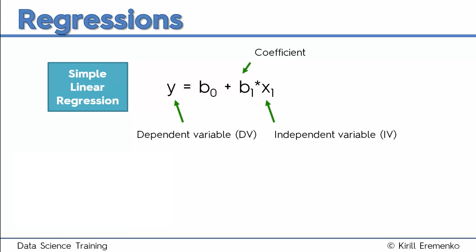Think of it as the translator or the multiplier, the connector between y and x1. You can't just say the change in x is always equal to the change in y. There might be this coefficient of proportion, to which that change is inflated or deflated.